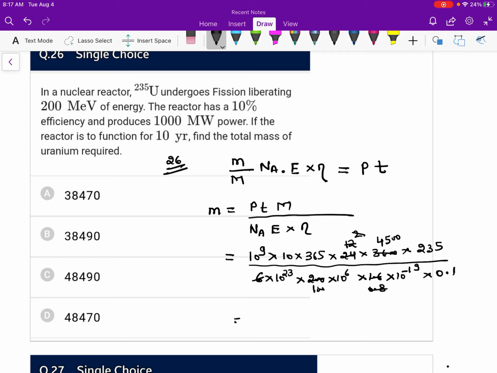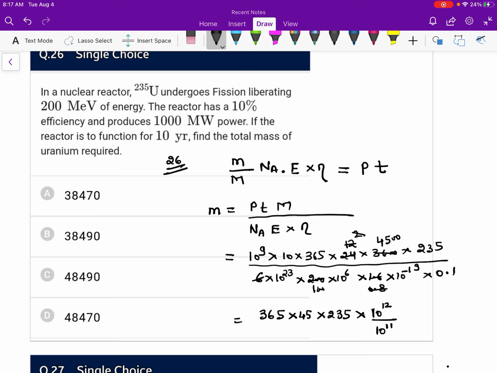Okay, so 365 into 45 into 235. Now let's settle the exponents. So 10 to power 10 into 2, 10 to power 12, 10 to power 12 upon 10 to power 23 minus 10 to power 19, 10 to power minus 19, so 10 to power 4, 10 to power 4 into 10 to power 8, which is 10 to power 12, and 10 to power 12, 10 to power 11.